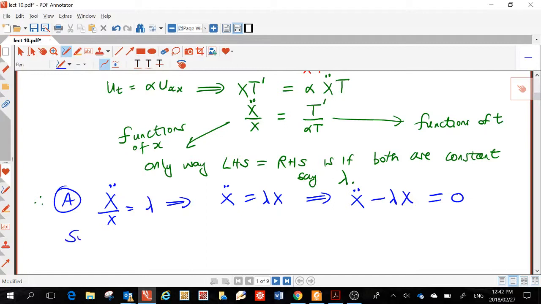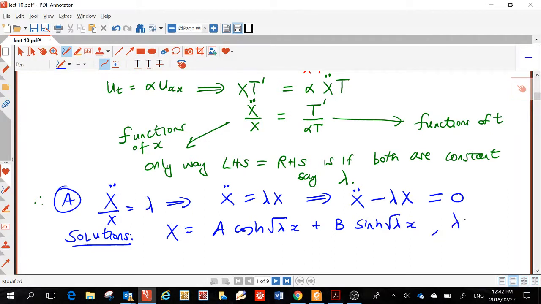So the solutions. There are three prospects. You can either have x being a cosh root lambda x plus b sinh root lambda x, provided lambda is positive. Or you could have ax plus b in the case that lambda is zero.